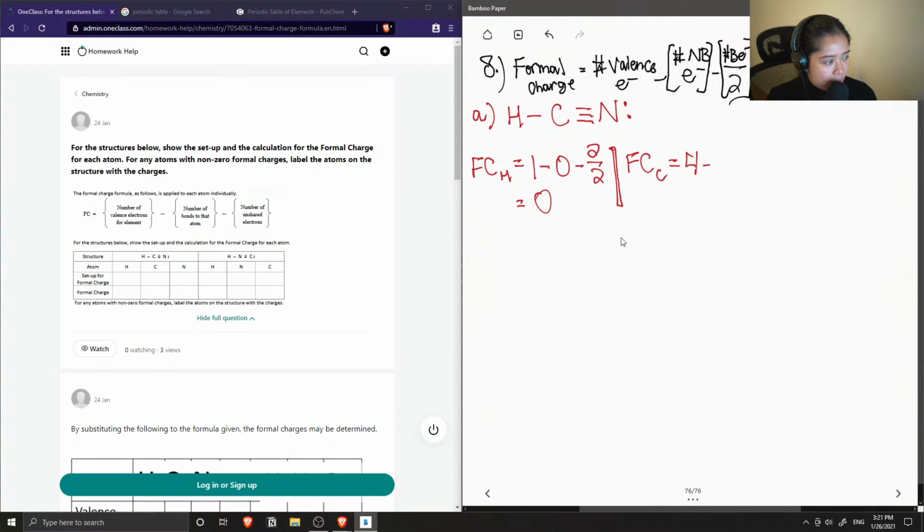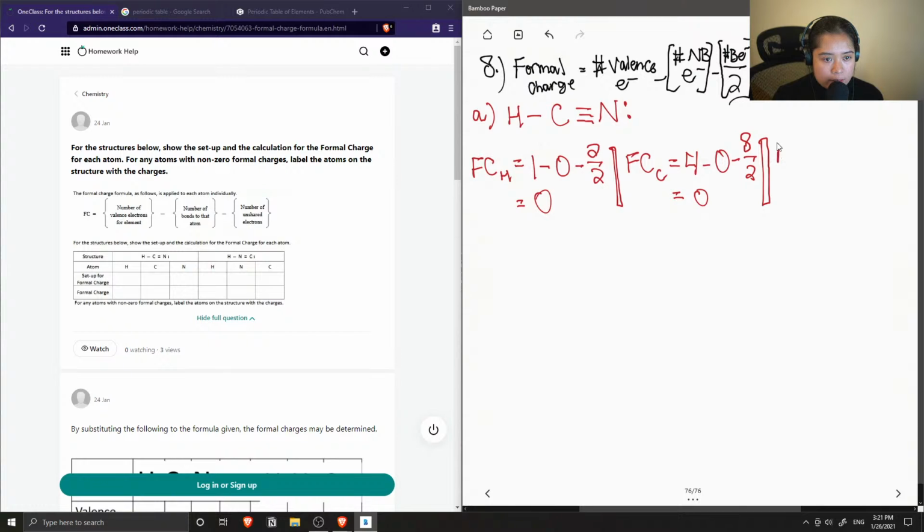It's kind of hard to see in the sketch, so I think that should just be a triple bond since carbon needs 4 bonds. So again, there are no lone pairs, so we just put 0. And there are 4 bonds to carbon, so we have 8 bonded electrons in total, divided by 2. So we also get a formal charge of 0.